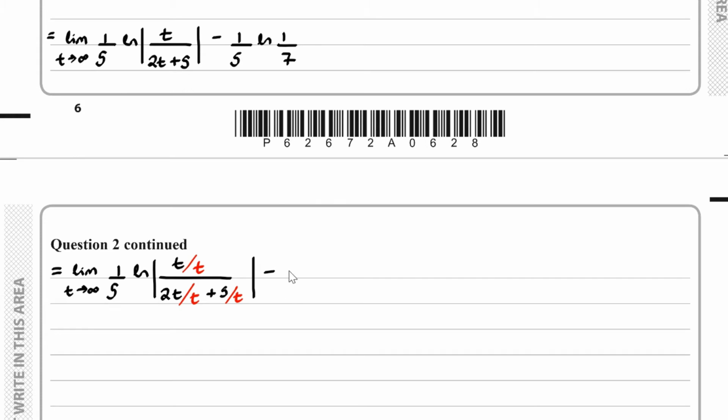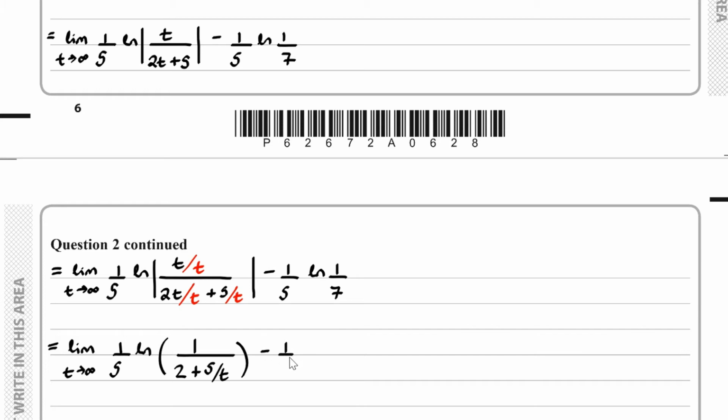And then we've still got this minus 1/5 times by the natural log of 1/7. So we've got the limit as t tends towards infinity of 1/5 times by the natural log of, well, here on the top we get 1, and on the bottom we get 2 plus 5 over t. And then we still subtract off the minus 1/5 times the natural log of 1/7.